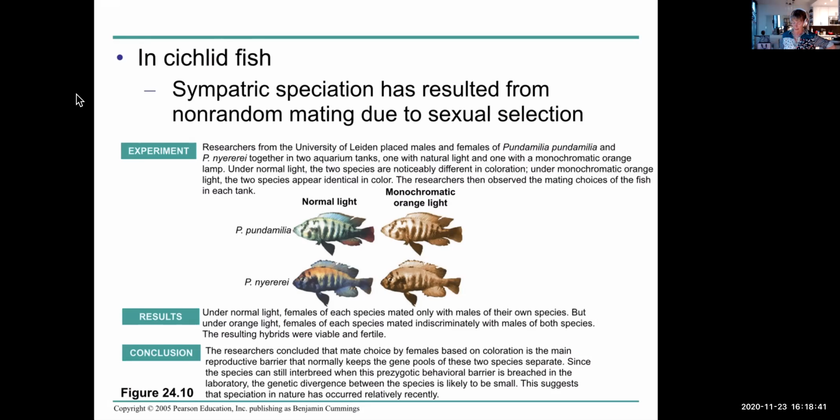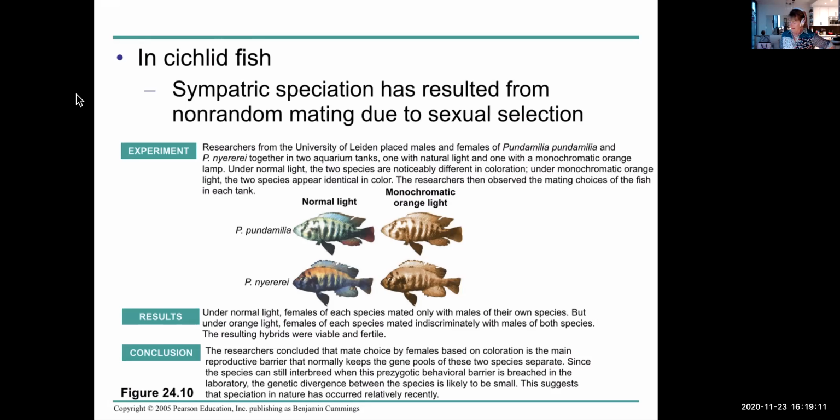So this is a bit of a convoluted kind of thing, but it shows that these fish mate with species that are subjected to specific types of light. So quite similar to the fruit flies that were subjected to either maltose or starch.